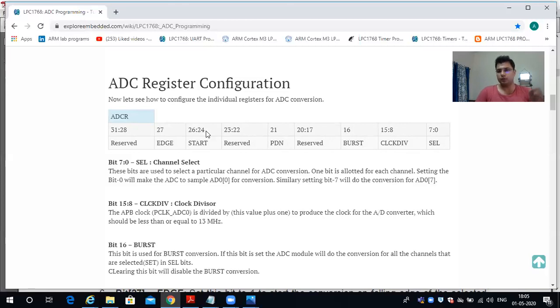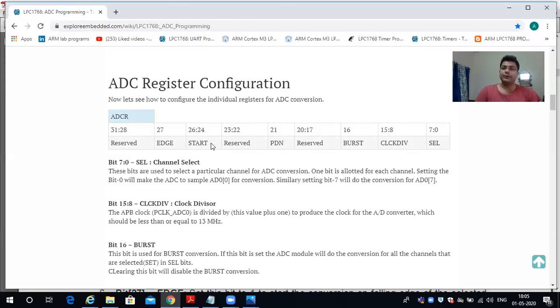If we write 001, then it will start converting the analog input into its digital equivalent output. Because there are 3 bits, 8 possibilities are there.